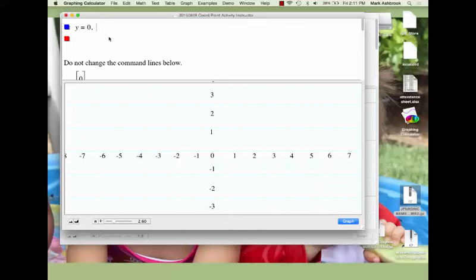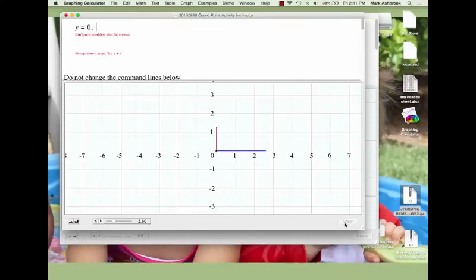Comma. What about the x-coordinates of those points? Let me turn it back on again. Okay, so what about the x-coordinates of these points? Are they all the same? No. It's many x values. Okay? So we want to graph all the x values here between what and what? 0 and.